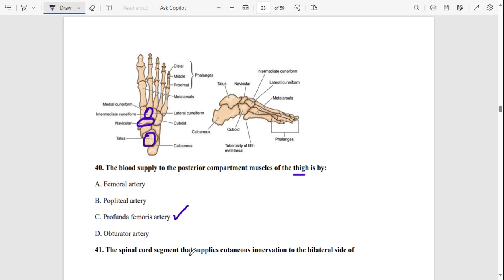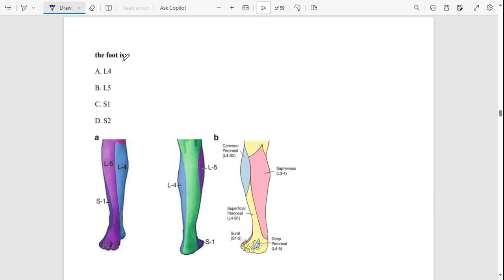The spinal cord segment that supplies cutaneous innervation to the bilateral side of the foot is, if we are talking about bilateral side, bilateral means both ends, right? So look at this. You can see this part of the leg or the foot is being innervated by S1 to S2. Okay. So S1 will be able to innervate this part of the leg.